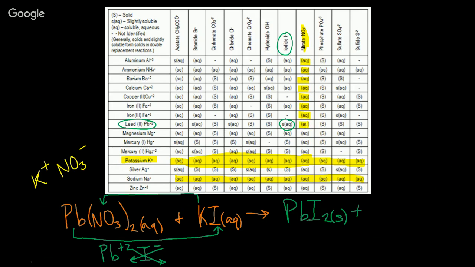Just something to keep in the back of your mind. If it has a nitrate, it's aqueous. If it's got K, potassium, or sodium, those are also all aqueous. So all that to say, we get KNO3, but it's aqueous. Okay. The important thing here is that we made PbI2, which is a solid. It was a precipitate, so this reaction is successful.